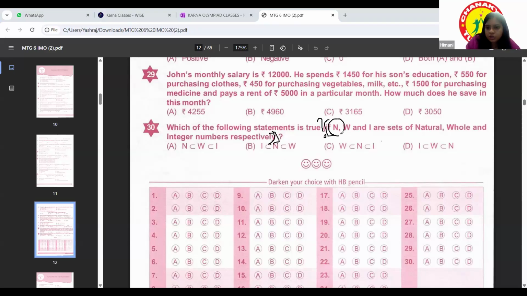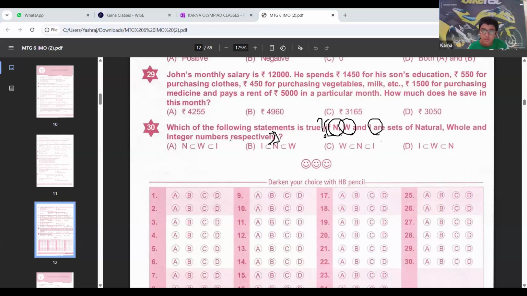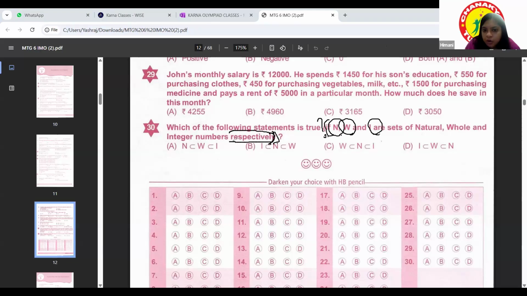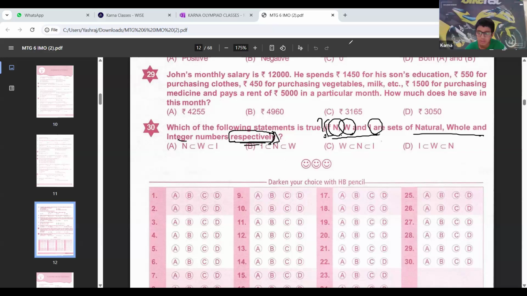N is used to represent natural numbers, W is used to represent whole numbers, and I is used to represent integers. Ma'am, understood. See, if the word used is respectively, then they have written it in the order: N, W, and I for natural, whole, and integer. Whenever the word respectively is used, you have to see it by order. Yes, ma'am. I understood.